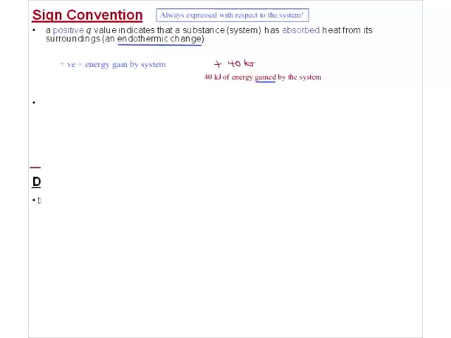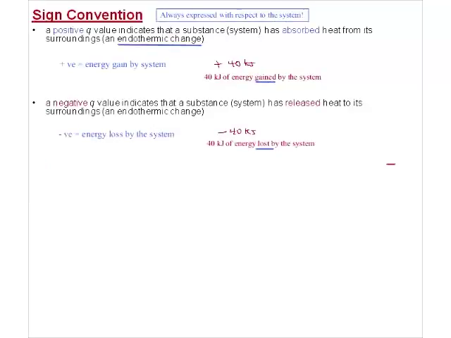Okay? The other convention here is that if we have a negative value, then that's referring to energy lost by the system. So negative energy has been lost. That's going to be an exothermic change. Look at the mistake I made there. I know you guys all picked up on that, so let me fix that for you.